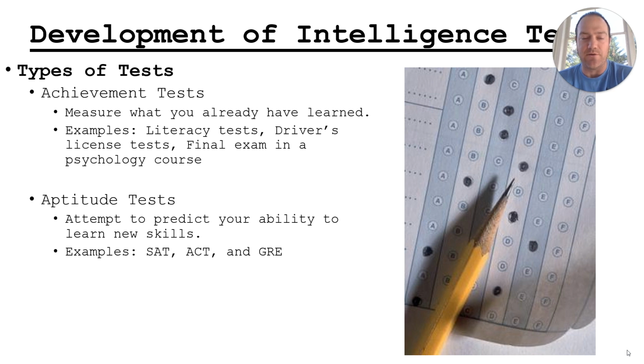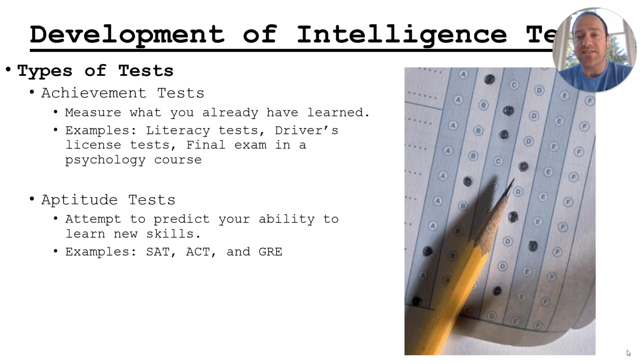There's also the LSAT, which my wife had to take when she was applying to law schools, and the MCAT for med school. There's a bunch of others. Those are predictive aptitude tests, either for general skills like the SAT, ACT, and GRE, or for specific arenas like law and med school.